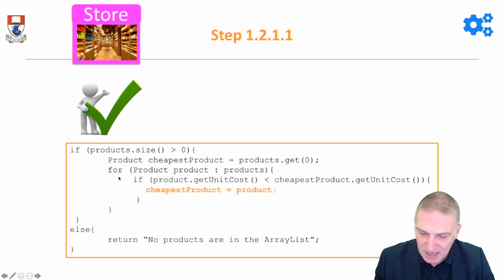We're visiting each product in the products collection. We've just tested the current product. If product.getUnitCost is less than the cheapest product.getUnitCost, so we know that product is the current one, set the cheapest product to be the current one. That's all that's needed.